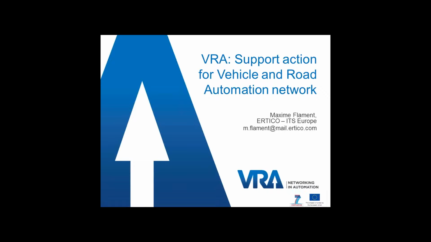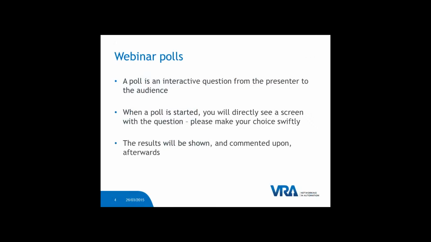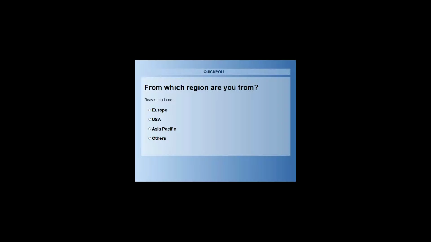To illustrate the polls, we can perhaps start with one first poll to make sure that everyone understood. So we will start with a simple one. From which region are you from? You have to answer either from Europe, from USA, Asia Pacific, or others. Then we can see from our side how many people have voted.